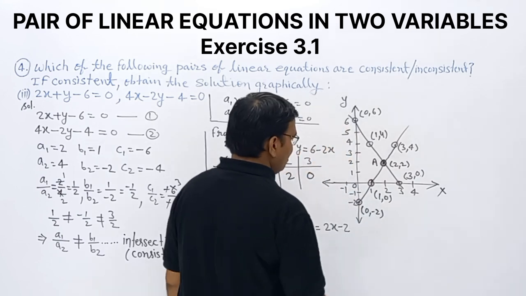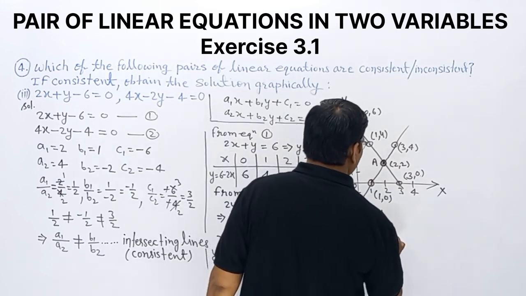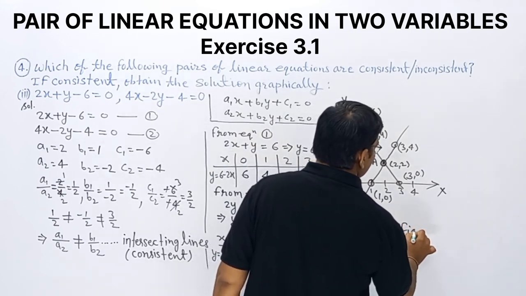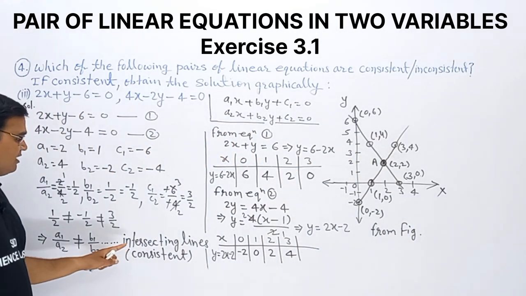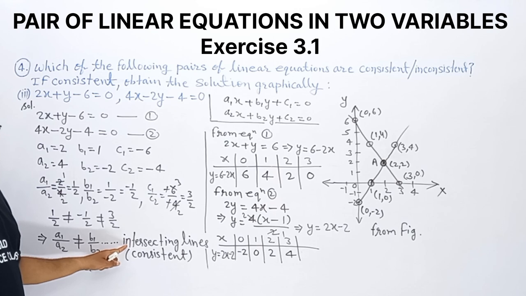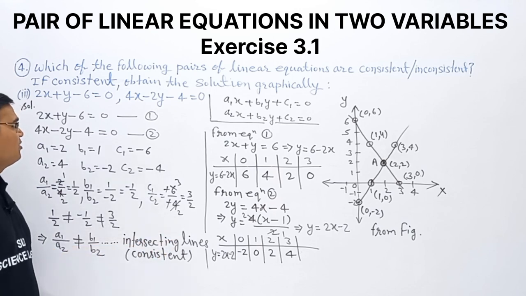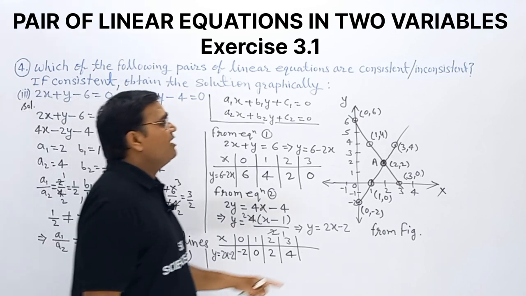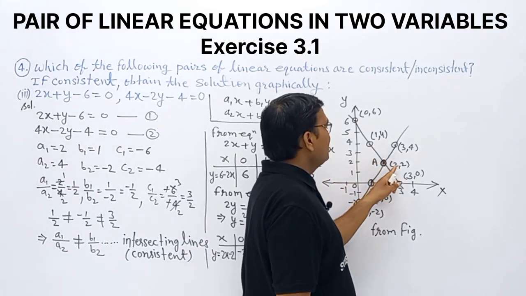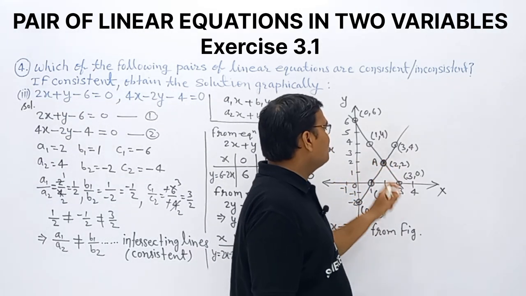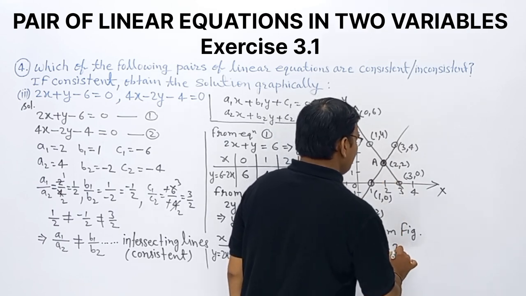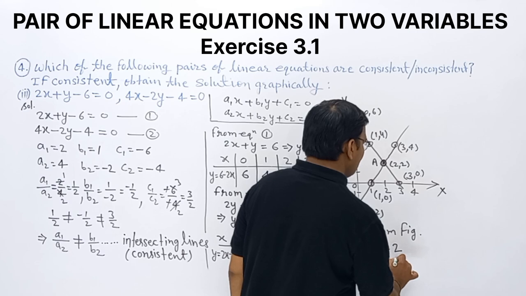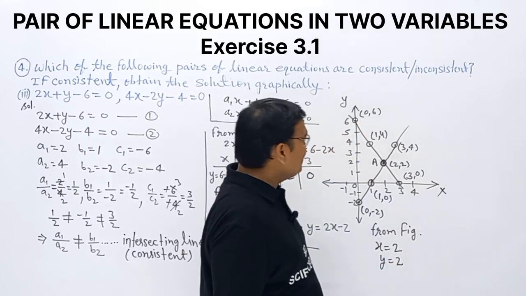So from the figure, as we already studied, once we draw, we get intersecting lines. They intersect at the point A, which is (2, 2).